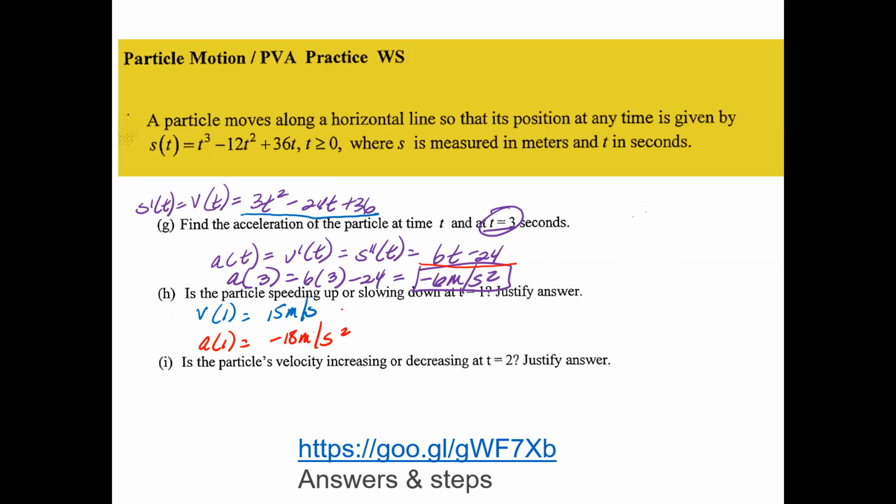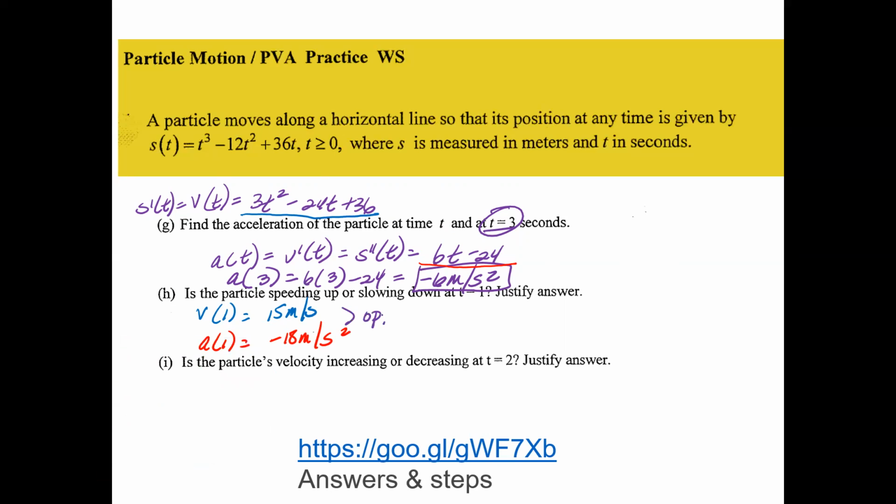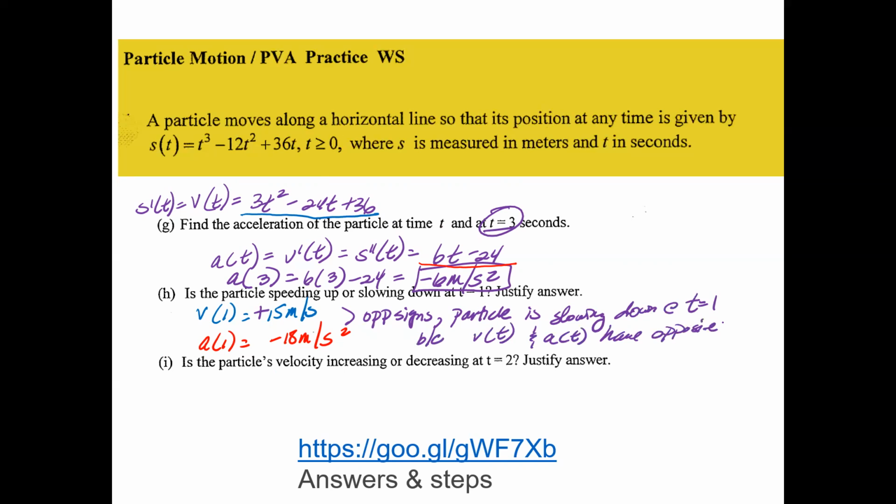And given the fact that the velocity and acceleration have opposite signs, you know that the particle is slowing down at t equals 1 because the velocity and acceleration have opposite signs.